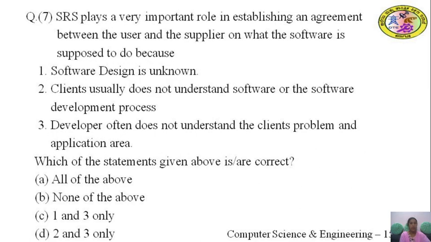So the next question is, SRS plays a very important role in establishing an agreement between the user and the supplier because 1. Software development process is complex. 2. Software design process is unknown.